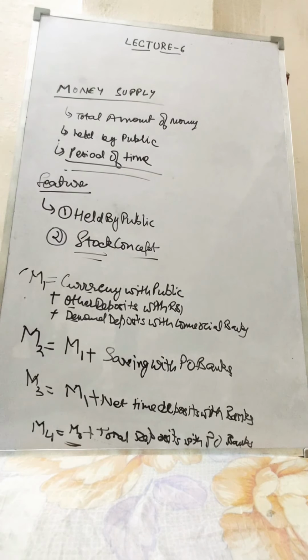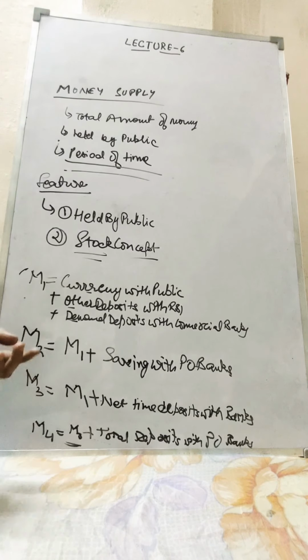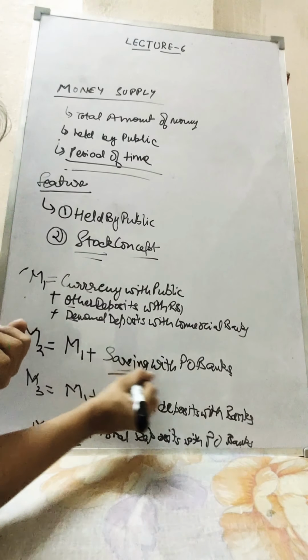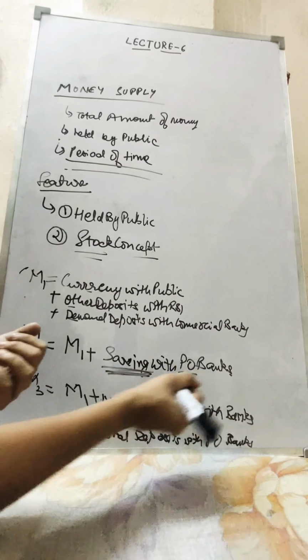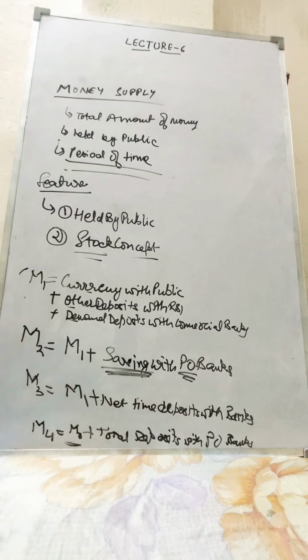Another measure, M3, is the widely used money measure. We can say aggregate money resources are always calculated by M3. So M3 is the most popular. M1 and M2 are narrow money supply concepts. Why? Because, see, we have savings with post office banks. Savings can be withdrawn whenever you want, and savings are the leftover after you spend all your income.